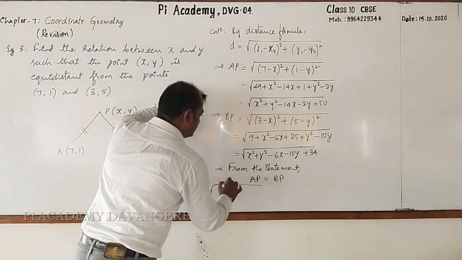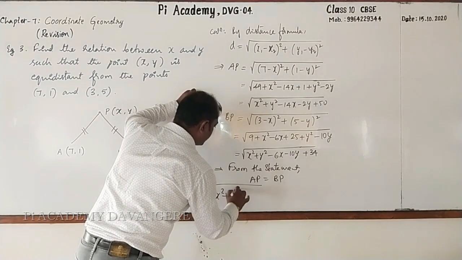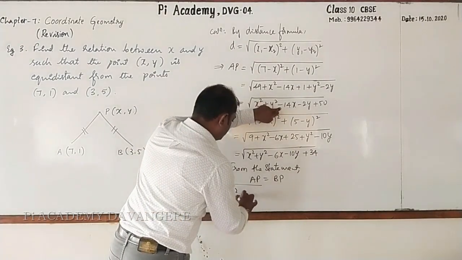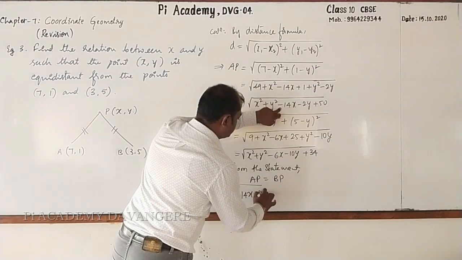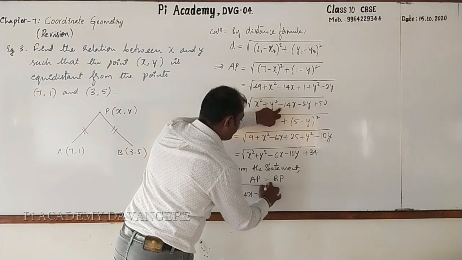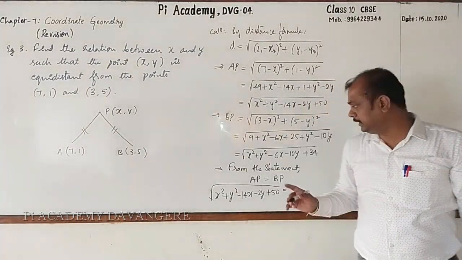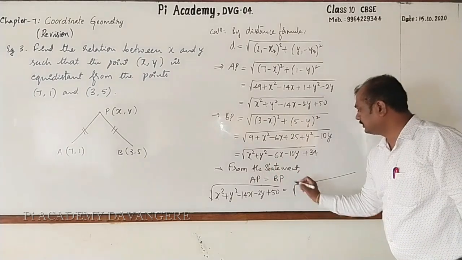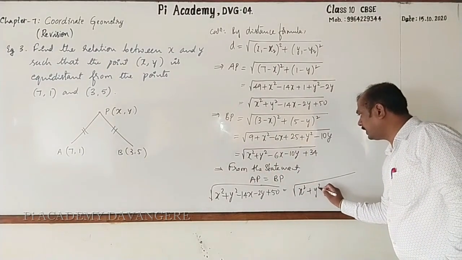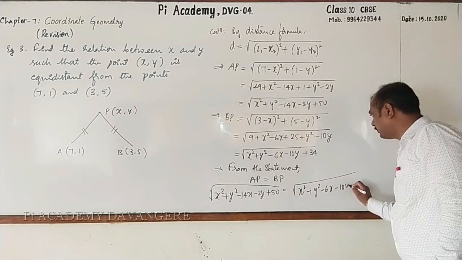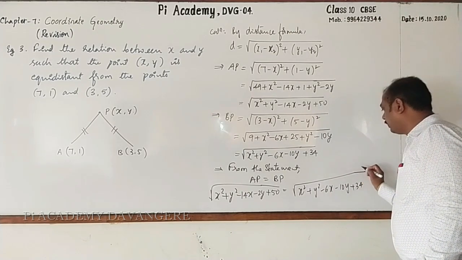AP is x square plus y square minus 14x minus 2y plus 50. This is equal to BP. It is x square plus y square minus 6x minus 10y plus 34.